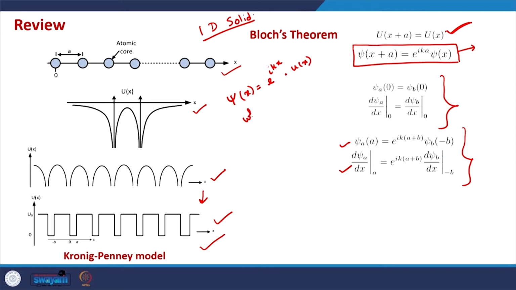Psi of x is a plane wave multiplied by u of x, where u of x is a periodic function, which means u of x equals u of x plus a, where a is the period of the potential energy. So these 2 statements of Bloch's theorem can be used interchangeably, and what we also observed here is that this parameter k comes from Bloch's theorem, and it is the so-called crystal momentum of the electron.